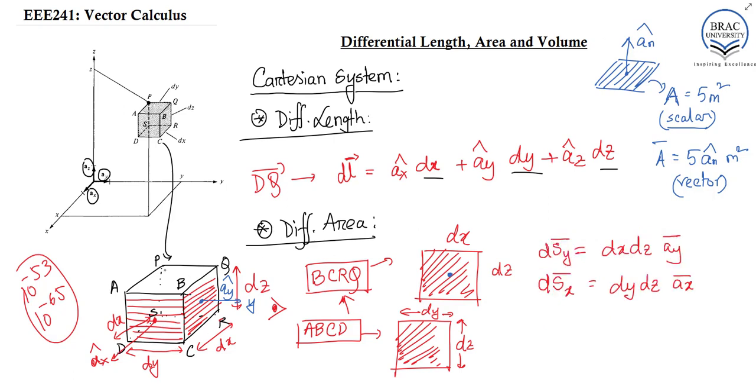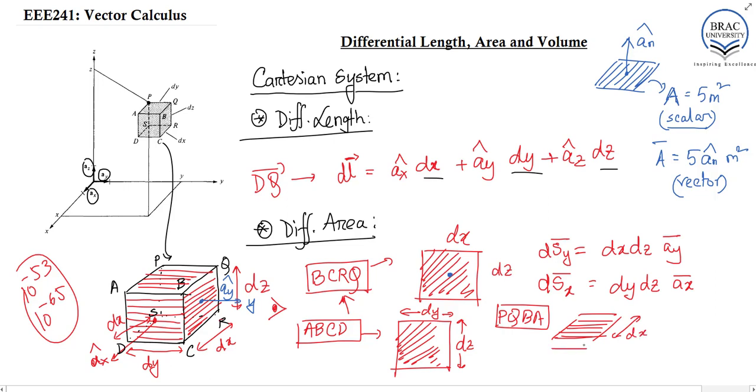And finally, if we look at the top surface over here, which is PQBA, that surface comprises the dx quantity and dy quantity, and it's still rectangular, so the value of the area of the surface is given by dx dy, and the direction perpendicular to it is directed along the z-axis.